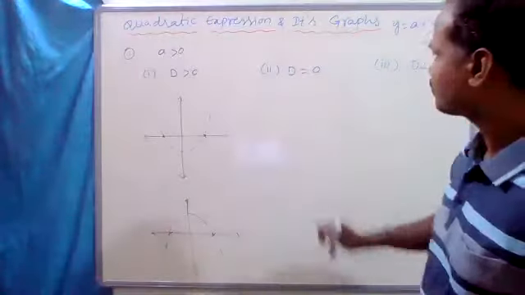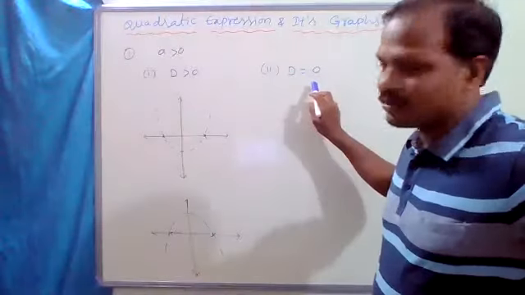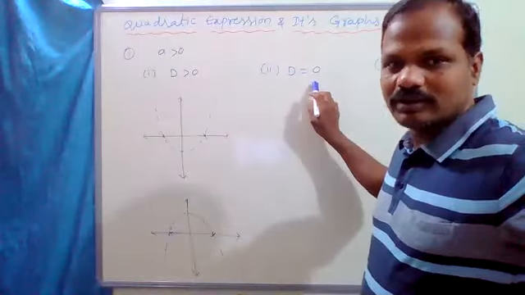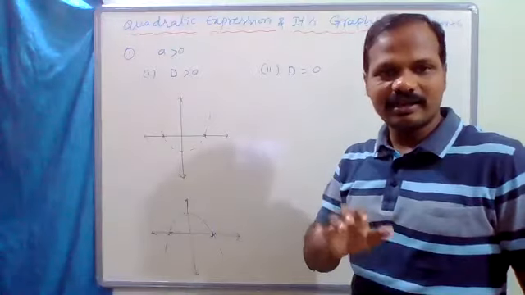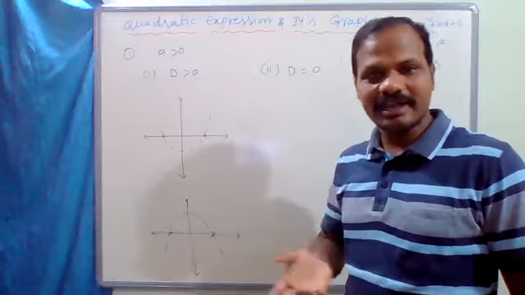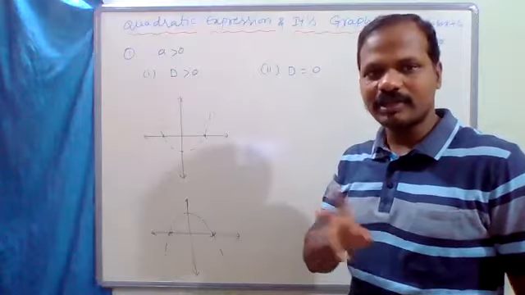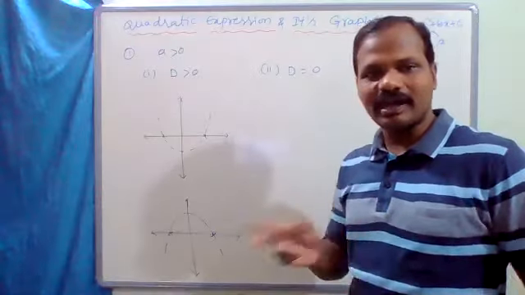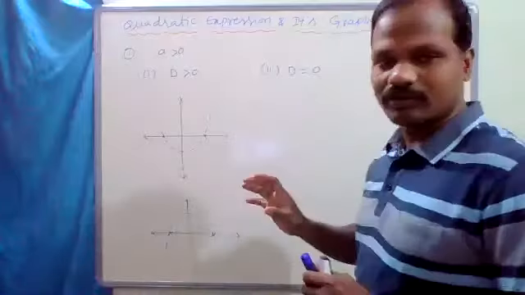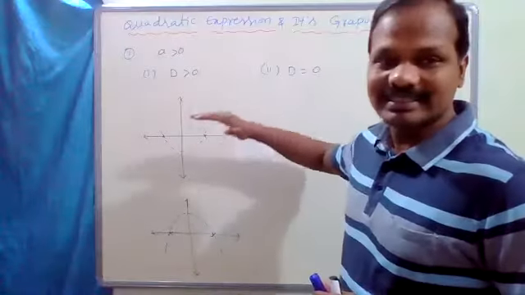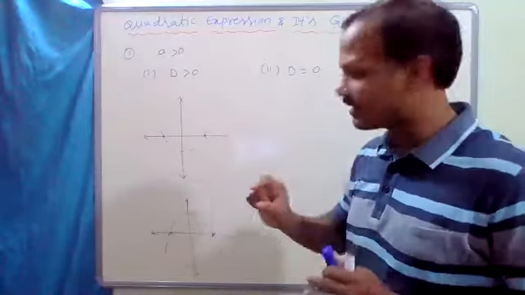Now coming to D equal to 0. D equal to 0 means the roots are real and equal, that means alpha equal to beta. So the graph touches the x-axis because both roots are equal.